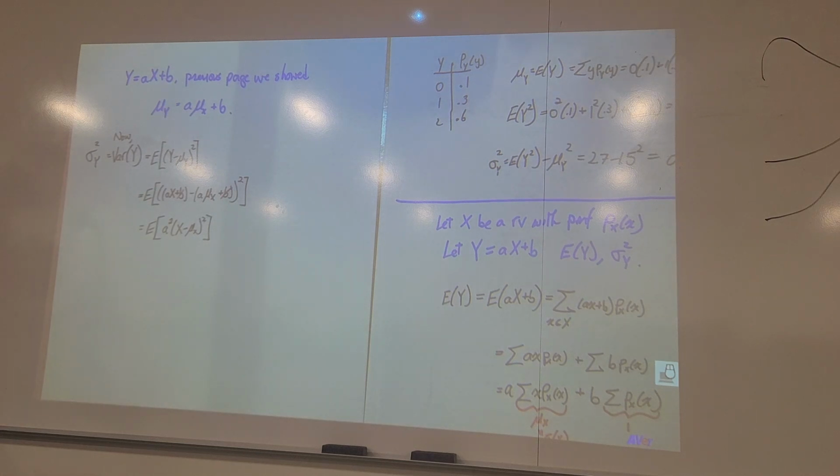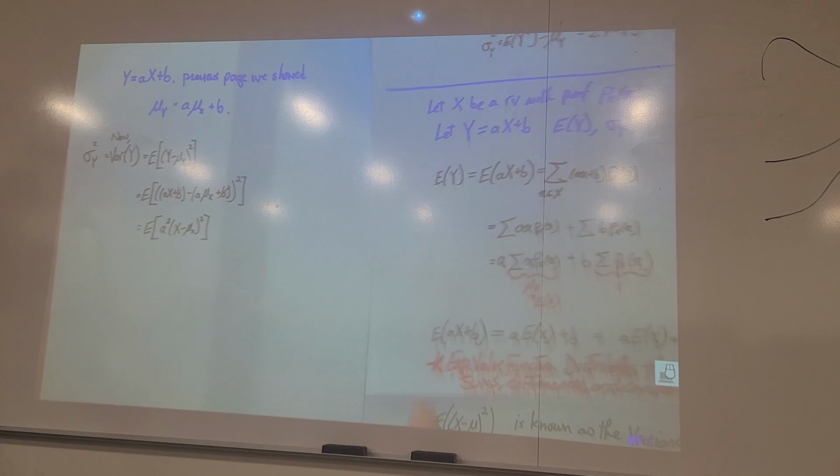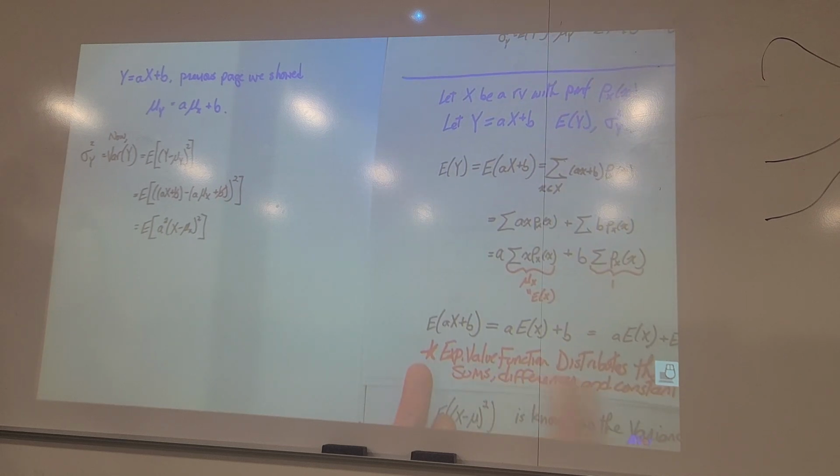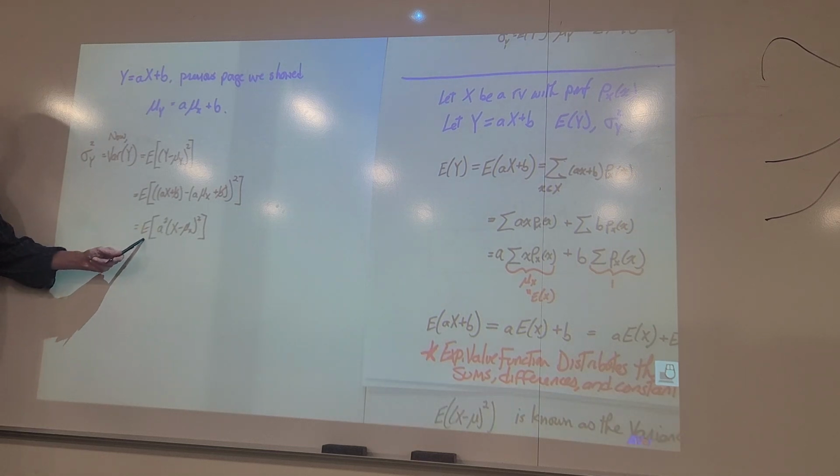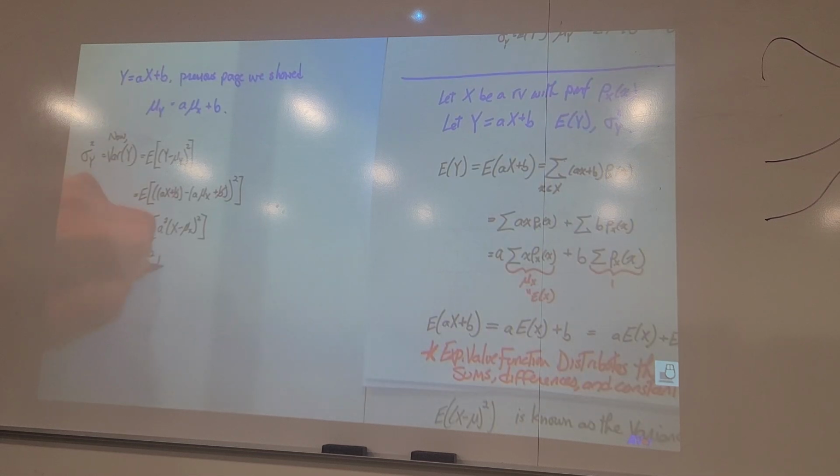Now, somewhere toward the bottom, I've got here that the expected value function distributes through sums, differences, and constant multipliers, which means that I can factor that a squared out to the front. It's just a scalar multiplier. So it's a squared times the expected value of x minus mu sub x squared, and this here is simply the variance of x.